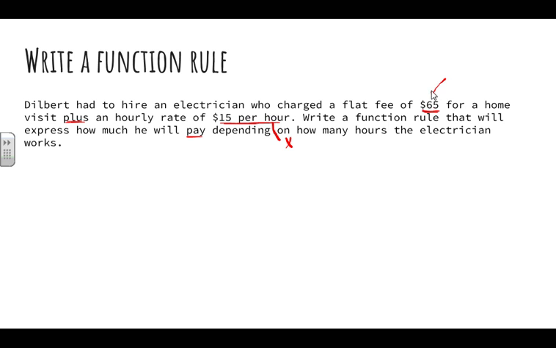It's just $65. So if we're going to use slope-intercept form, y equals mx plus b. 65 is going to be our b because nothing's being multiplied to it, nothing's changing it. You're going to pay that no matter what.